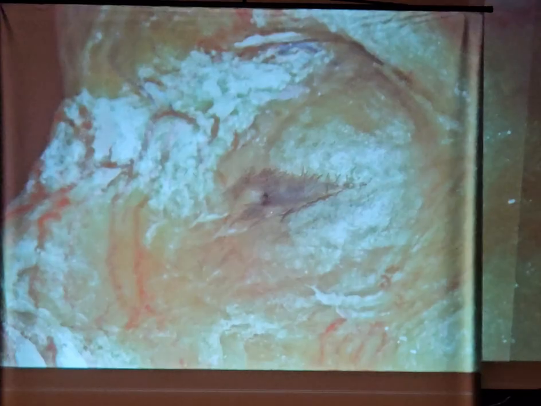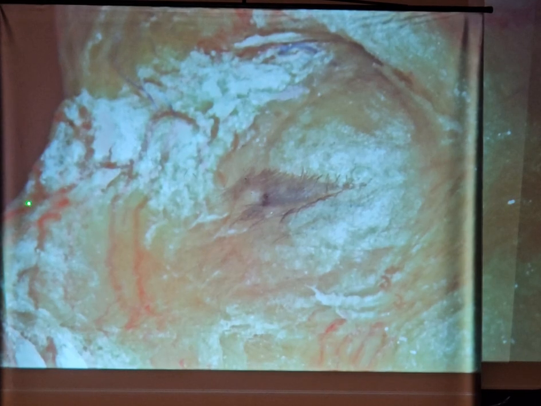Another view. Here, the supratrochlear artery, giving the dorsal artery of the nose and anastomosing here with the angular artery.